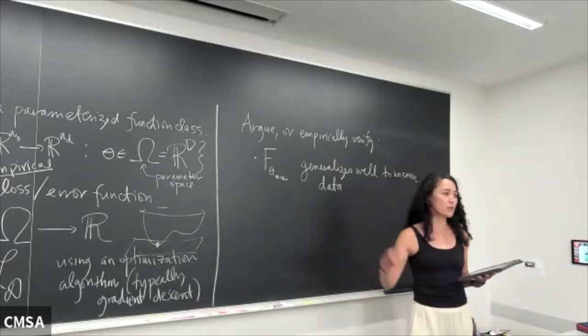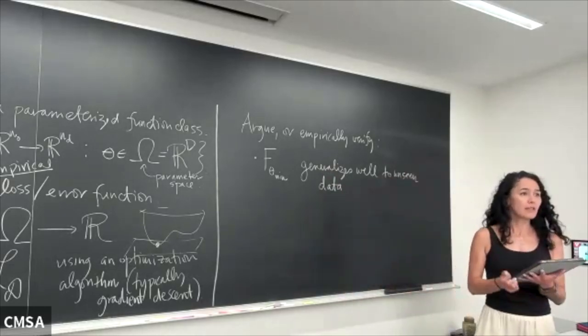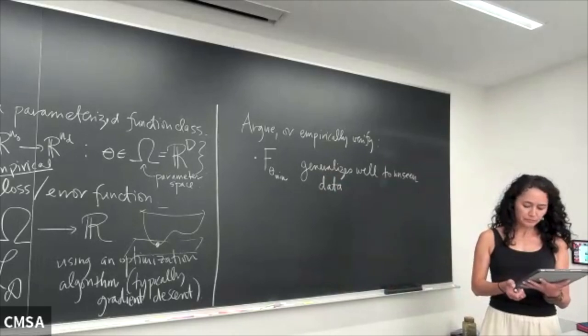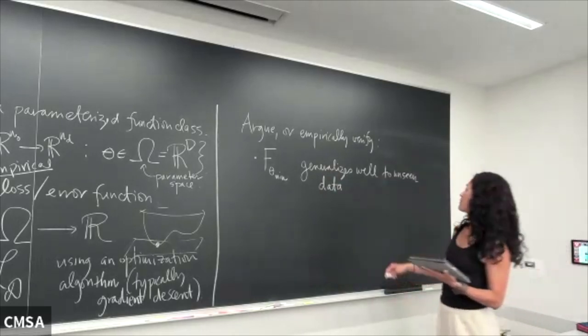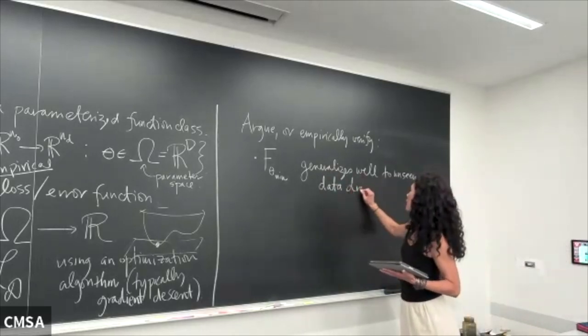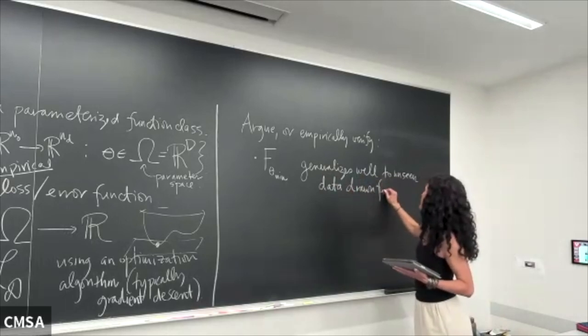You want it to predict well on data that it hasn't seen, drawn from that same distribution.